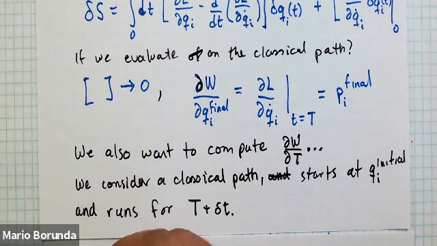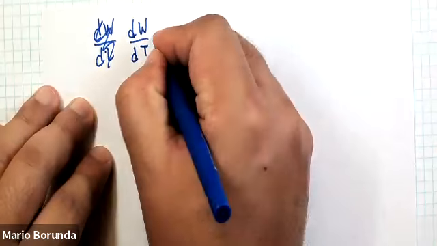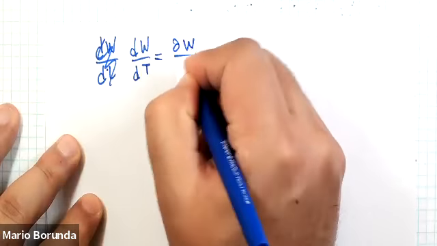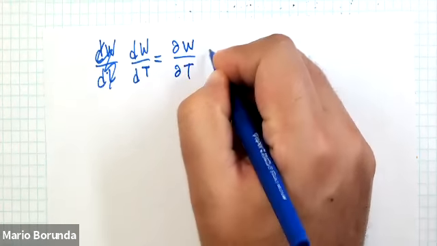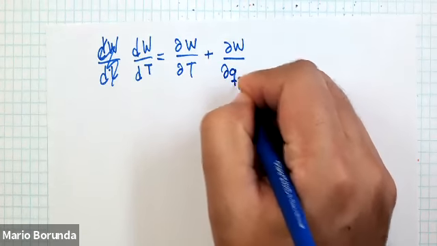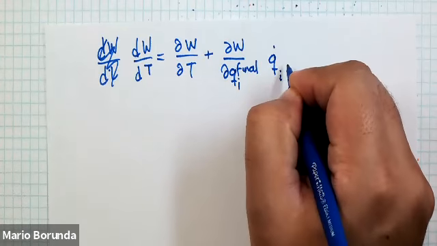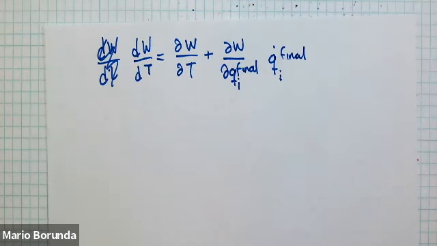I want to write this dW, capital T, because it depends on capital T. And this one is the partial with respect to capital T plus the partial of W with respect to q final, times the partial of q final with respect to time.